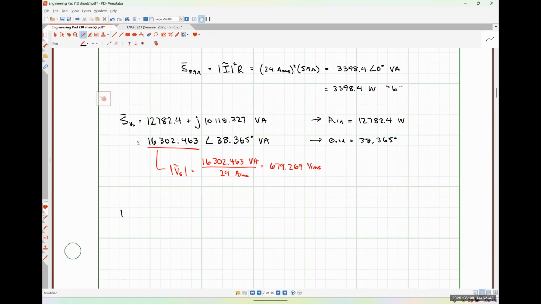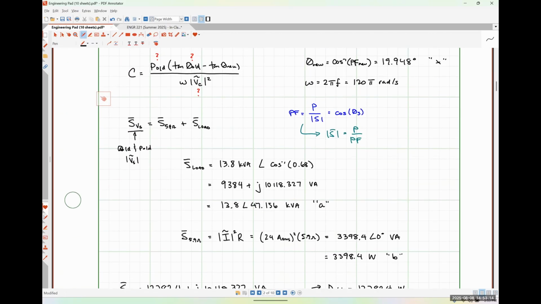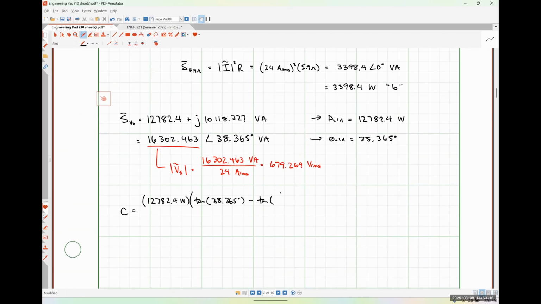So we would have, excuse me, C is equal to P old, so that is 12,782.4 watts times the tangent of theta old, which is 38.365 degrees, minus the tangent of theta new, scrolling up for that, 19.948 degrees.